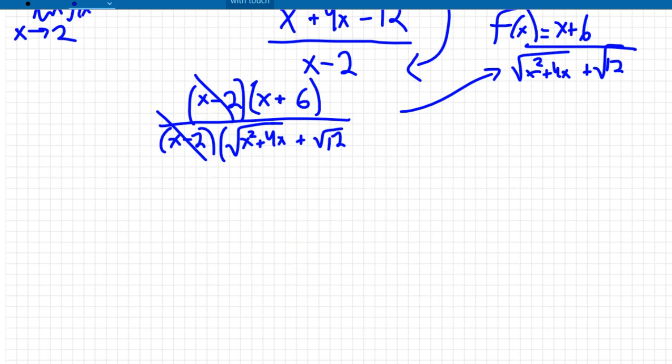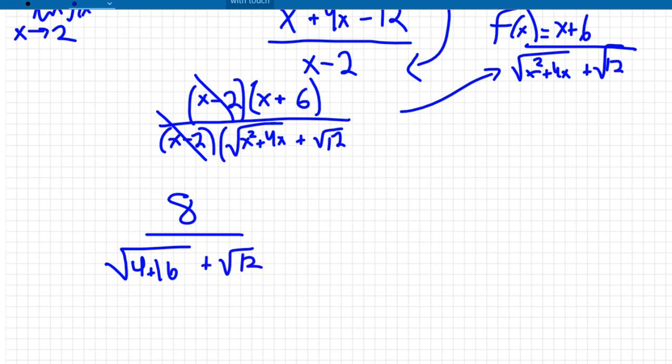So evaluate x plus 6 as x is 2, we get 8 over, and then we get square root of 4 plus 16 plus root 12. Just do some simplification. Is that right? I don't know, this is supposed to be an 8.